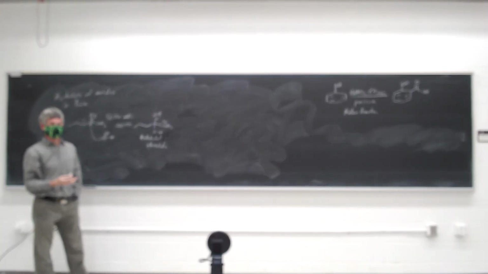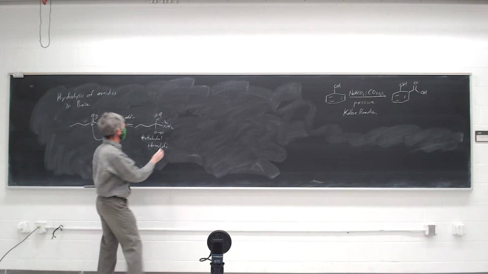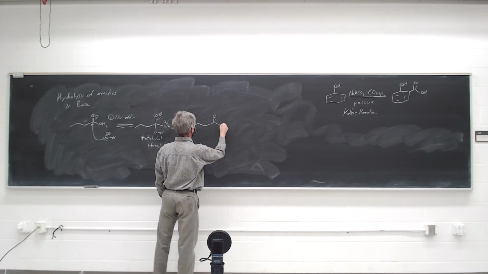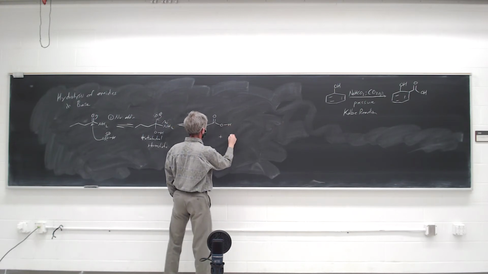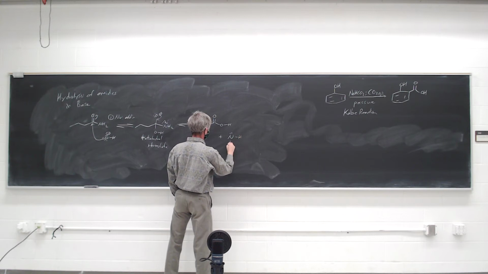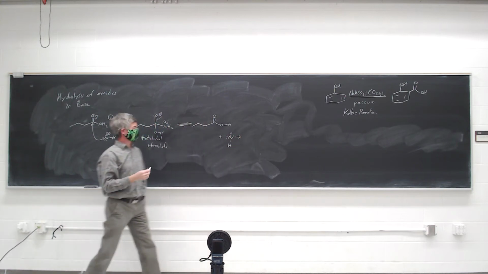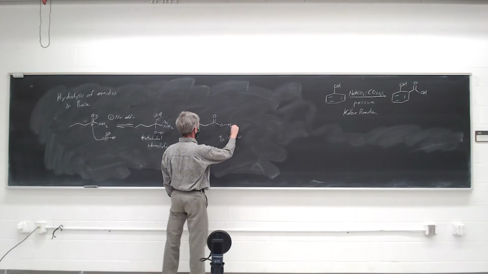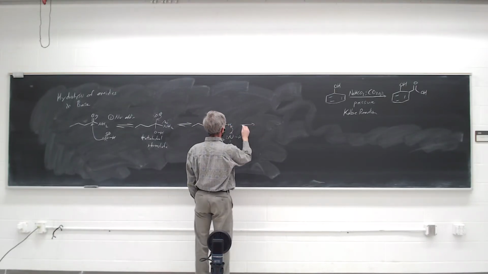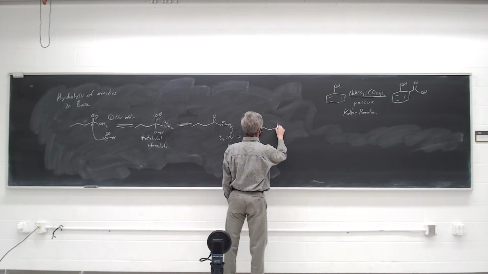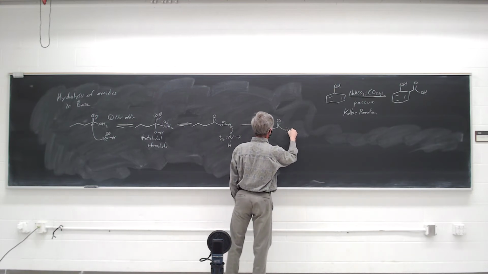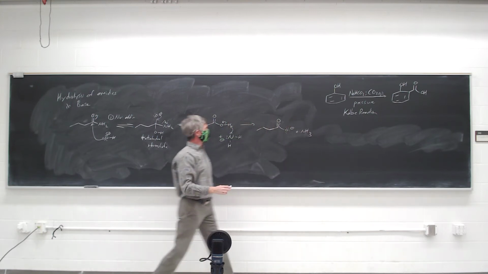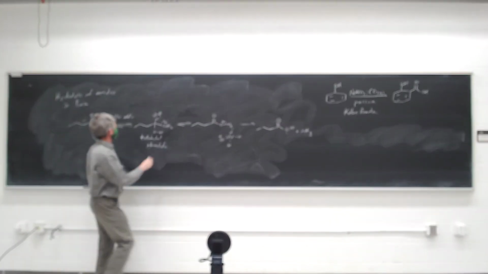Ammonia has a pKa of 35, which means the amide ion is an incredibly strong base. So this equilibrium is very unfavorable. And the only reason we can get that equilibrium to go at all is by driving it forward, irreversibly forming ammonia in the third step.